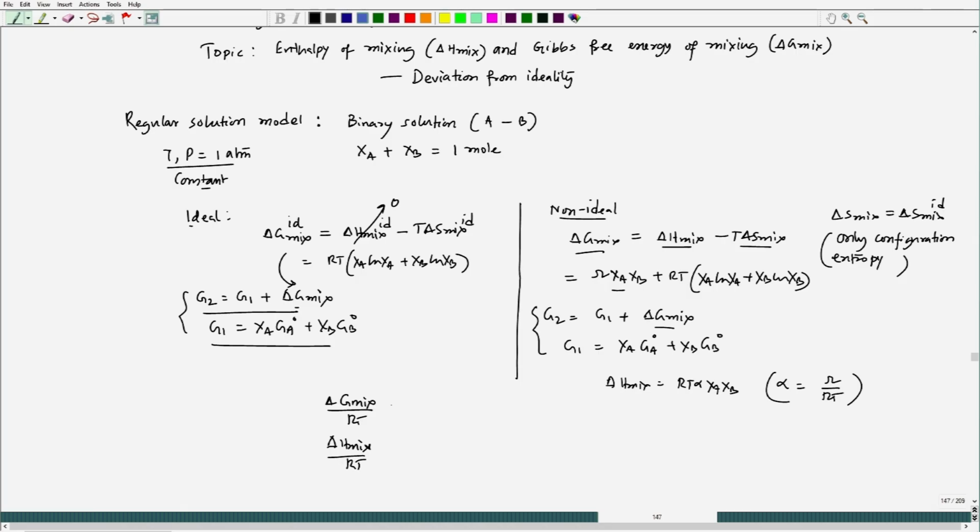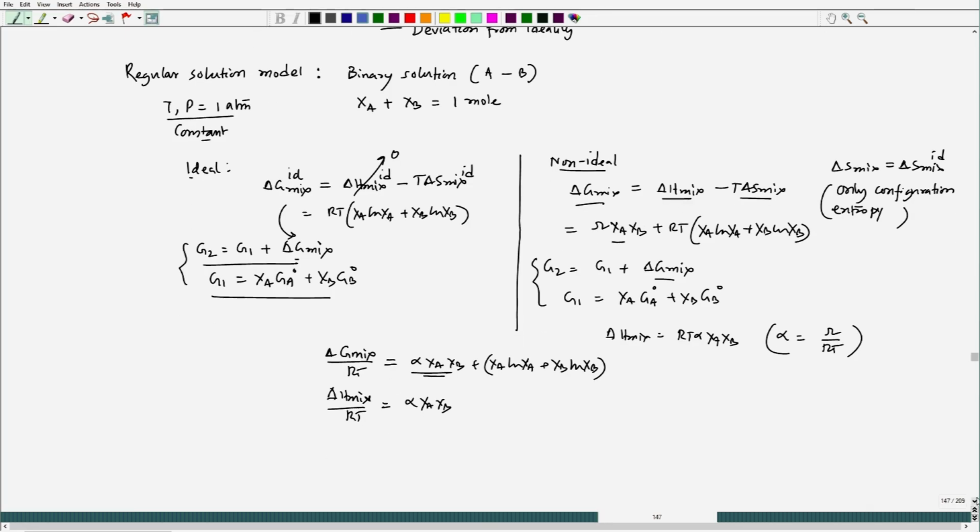So, these two numbers become alpha X A X B plus X A ln X A plus X B ln X B. Okay. In the case of ideal, this term will not be there. So, this is nothing but alpha X A X B.